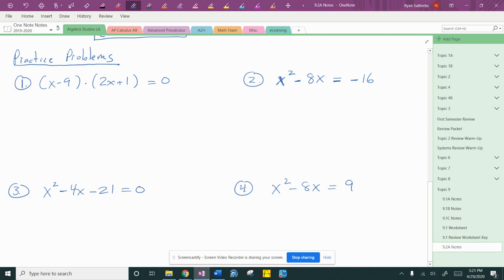So pause the video, take a moment, solve these 4 quadratic equations, and then unpause the video and see how you did.